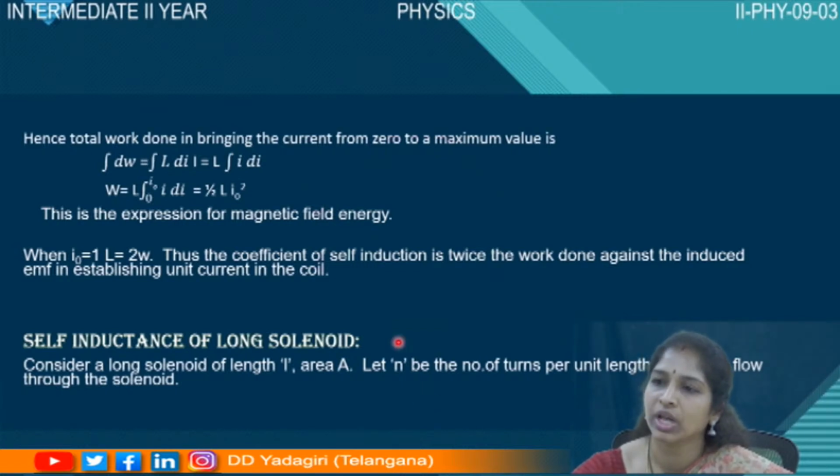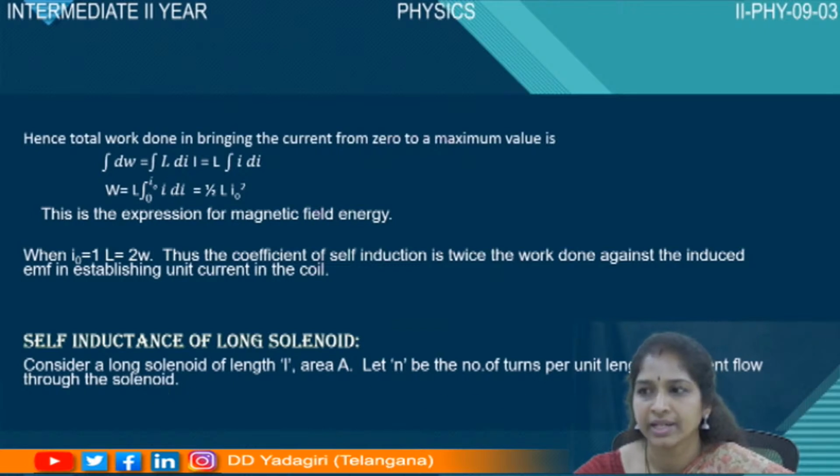Capital N is the total number of turns. The small n is the number of turns per unit length. Let us also consider I is the current passing through each and every turn of the solenoid.